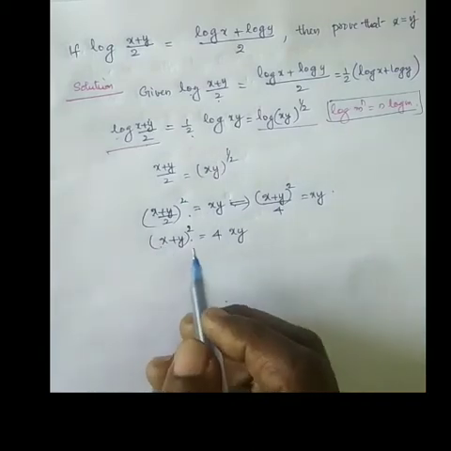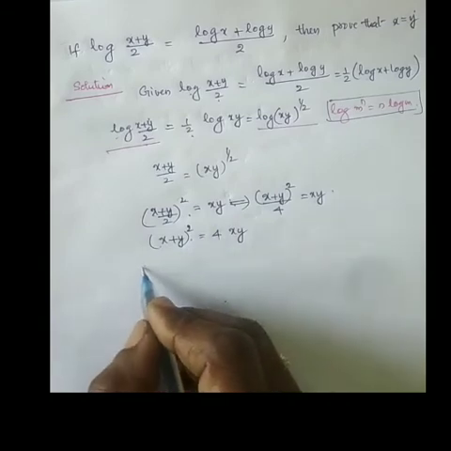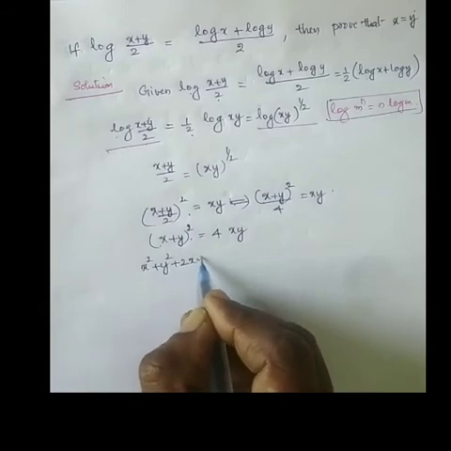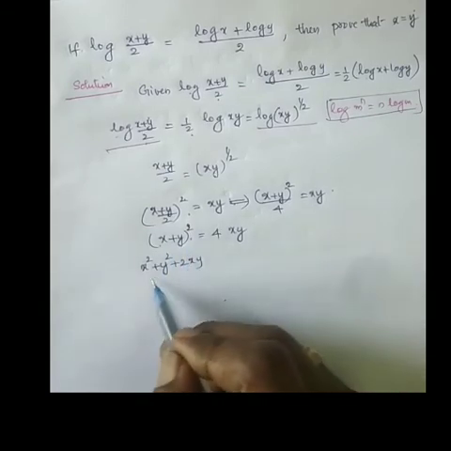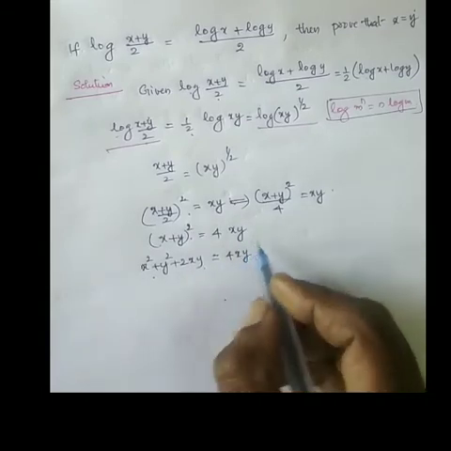Here the left side is of the form (a plus b) the whole square. We know that (a plus b) the whole square is a square plus b square plus 2ab. Like this, x square plus y square plus 2xy equal to 4xy.